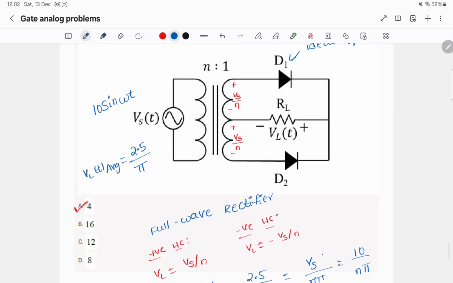In the positive half cycle, the diode D1 will conduct.